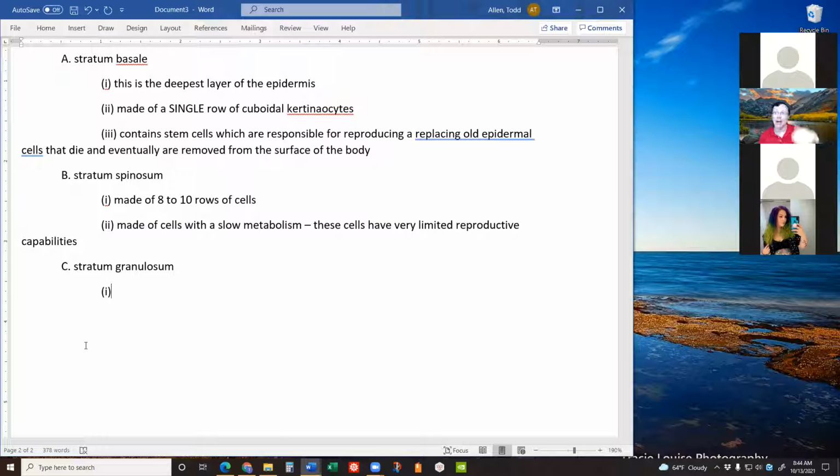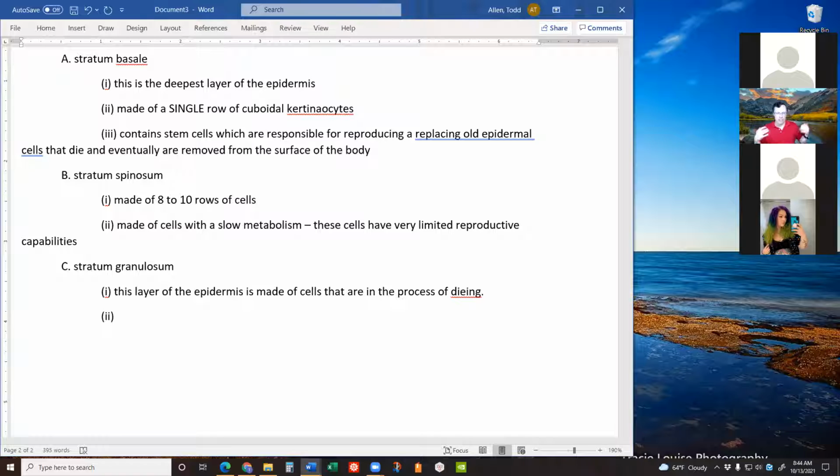They're made of cells that are actively passing away, okay? This layer of the epidermis is made of cells that are in the process of dying. Okay.